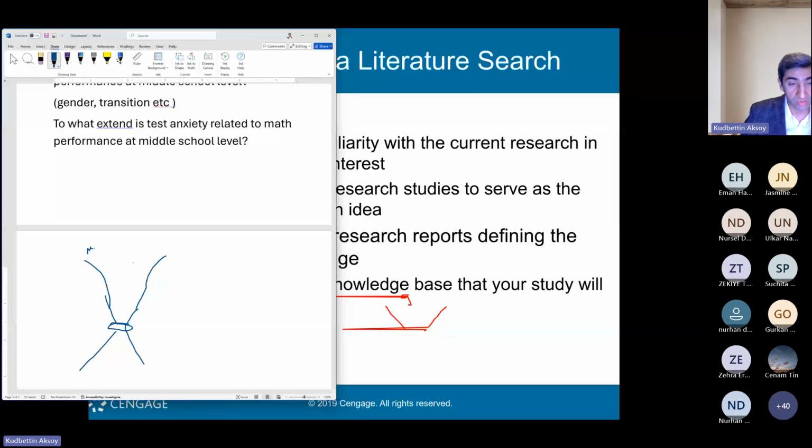And then you narrow it down to elementary school, middle school. And then you focus on something even more specific. That is your research. That is your hypothesis. But then you don't want to be too specific. At the end, you want to be able to generalize your research.